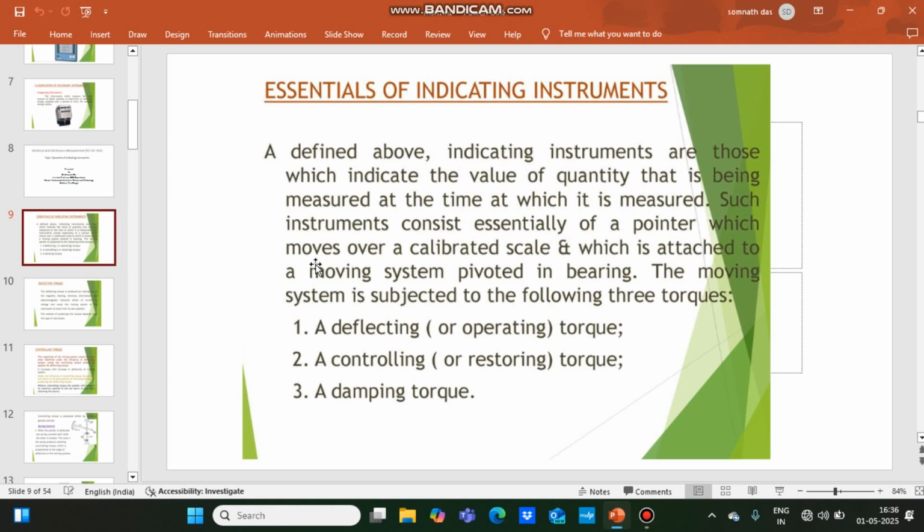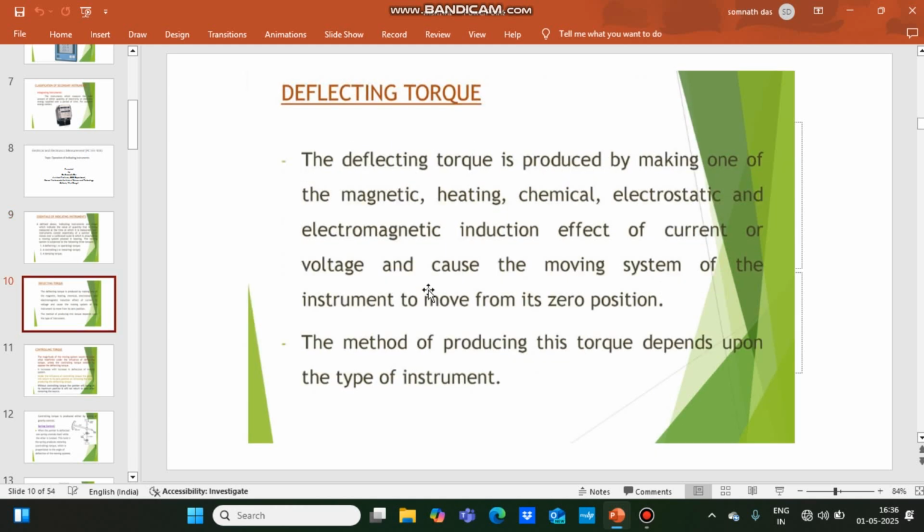Deflecting torque is required to move the rotating part or moving part of the instrument. There are several effects which are used to generate the force or deflecting torque.